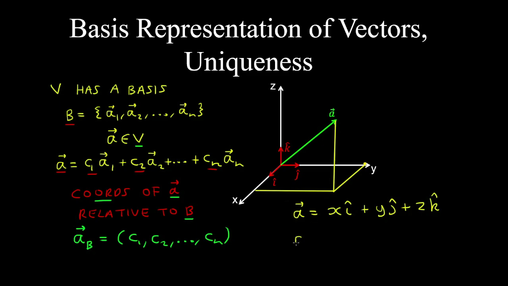And therefore the coordinates of A relative to the standard basis, being the finite set of unit vectors, are x, y, z, which are the coefficients of this linear combination.